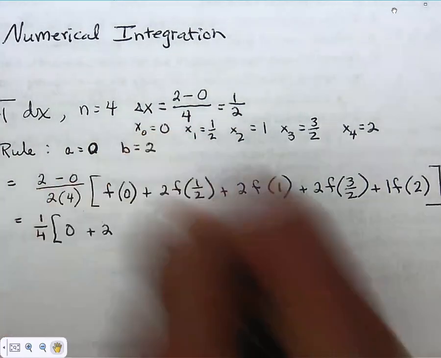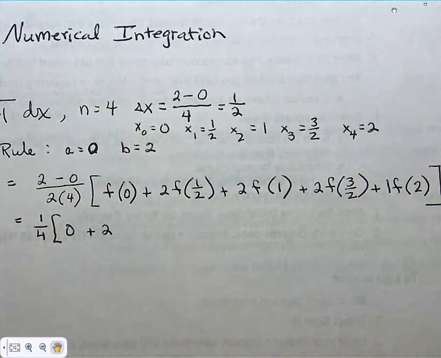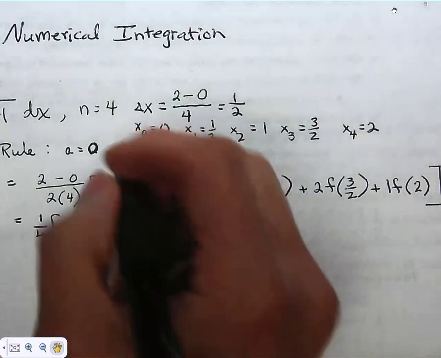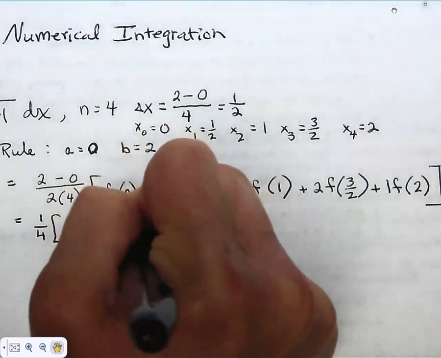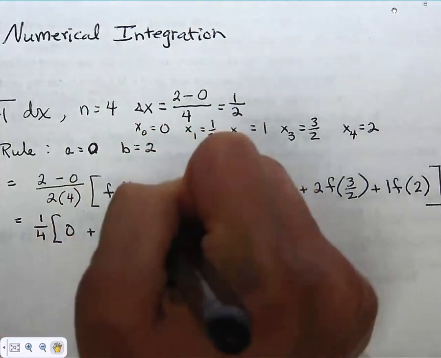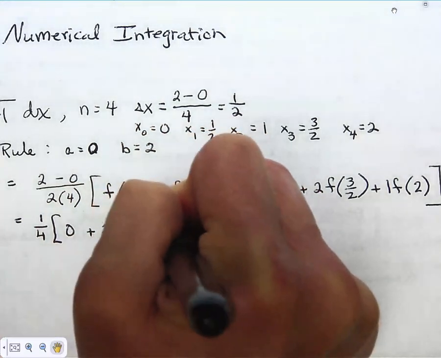Plus 2 times whatever you get when you put a half into the function. Do as much as you can in your head. When you cease to be able to do it in your head, write it down. If you put a half in place of both x's, you'd have a half times the square root of a half squared plus 1.